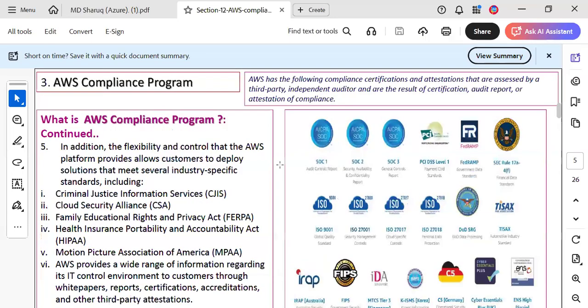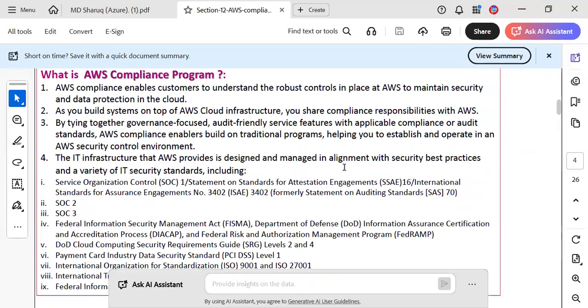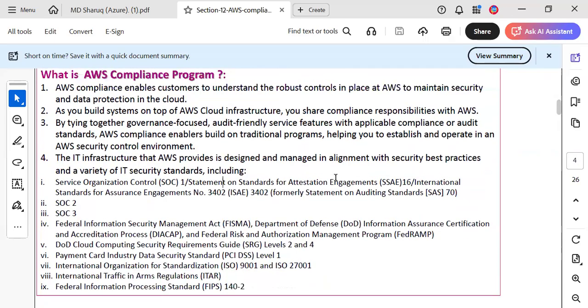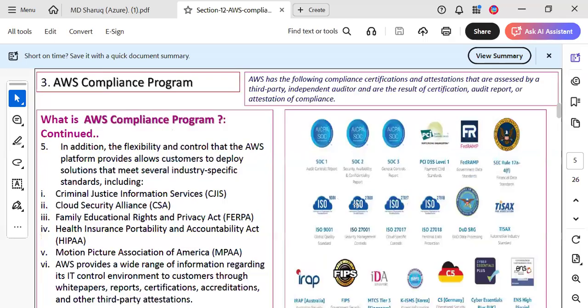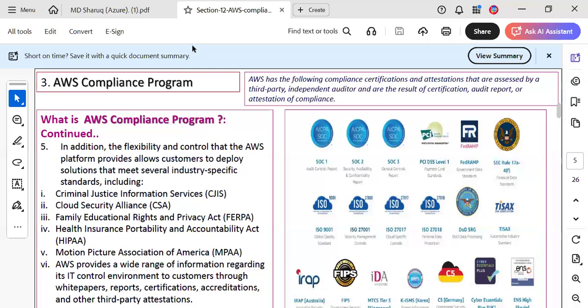Okay. Now, what is the AWS compliance program? We have seen general compliance programs in businesses, but we are going to map this with the AWS compliance program. It is a continuation; we are continuing that topic only.